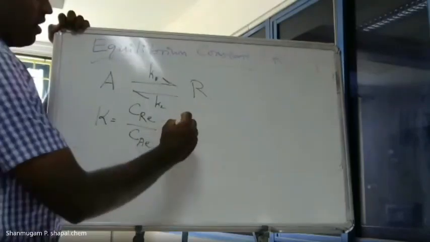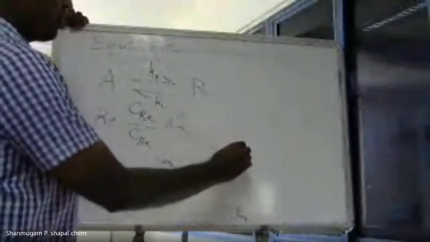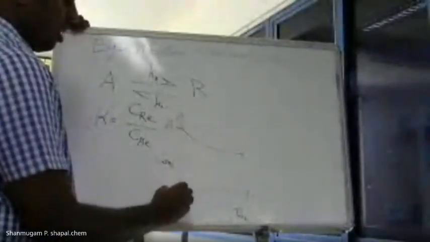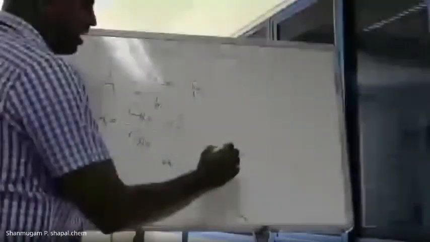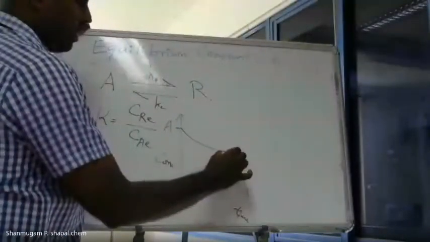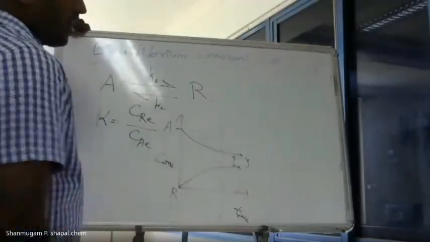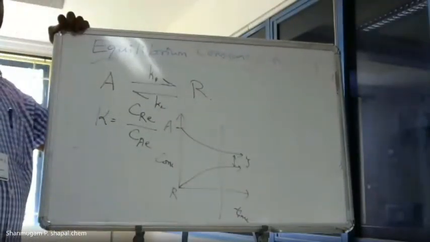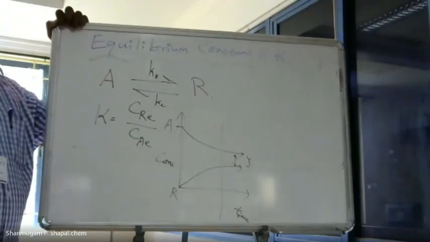Take a graph of concentration versus time. You start with the A and you go on, and it will stop somewhere, and you start with the R and you go on somewhere and stop. So that means after a certain period, the concentration of A and the concentration of R will be almost the same throughout the time.